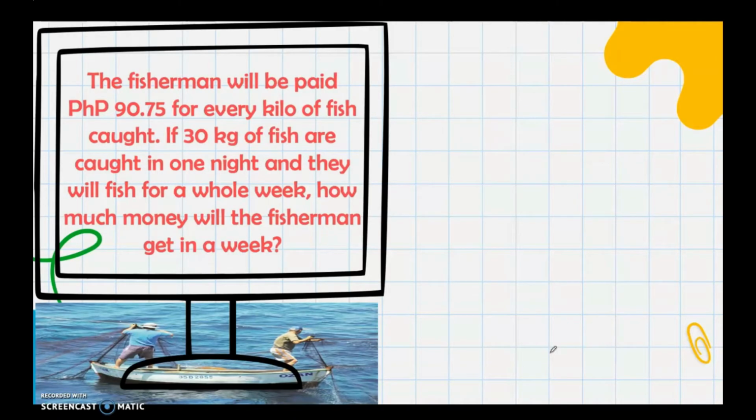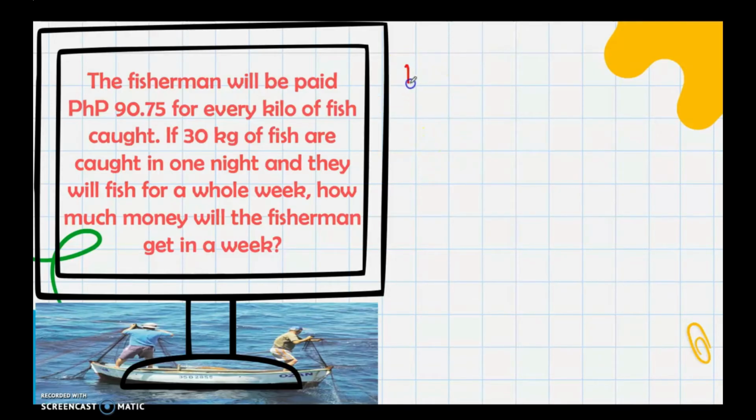Last question. The fisherman will be paid 90 pesos and 75 centavos for every kilo of fish caught. If 30 kilograms of fish are caught in one night and they will fish for a whole week, how much money will the fisherman get in a week? So it's almost the same process as the previous problem.